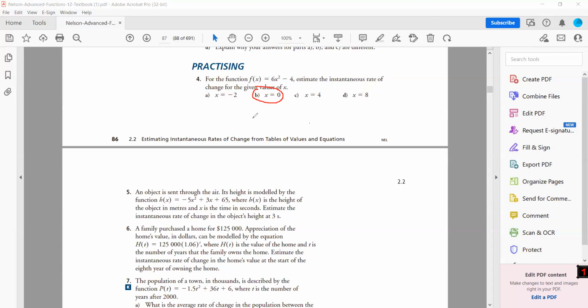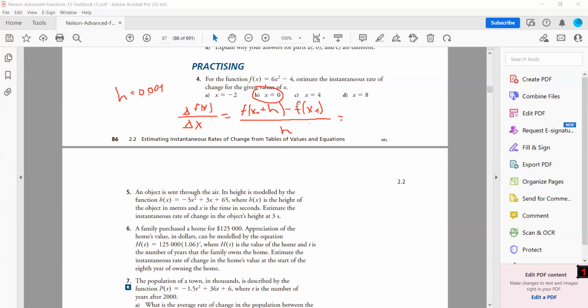I would choose the algebraic approach where I take a really small incremental h. So the formula for my average rate of change would look as follows. Remember, we're going to have only h left below. And I'll take my h equals 0.001.